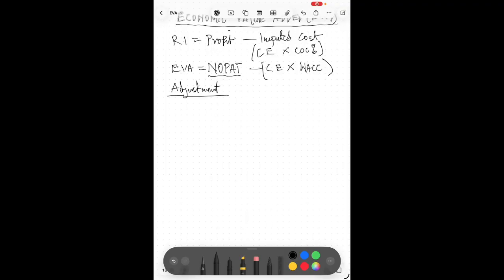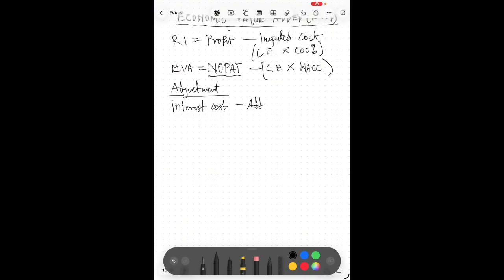One, you need to make an adjustment on interest costs. You check the P&L, you see an interest cost. What you need to do is to add back this interest cost, because before arriving at that profit after tax, interest cost would have already been deducted. So we are saying add it back. We'll come to the nitty-gritties of all this.